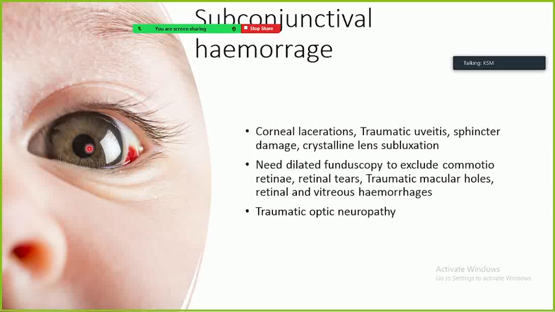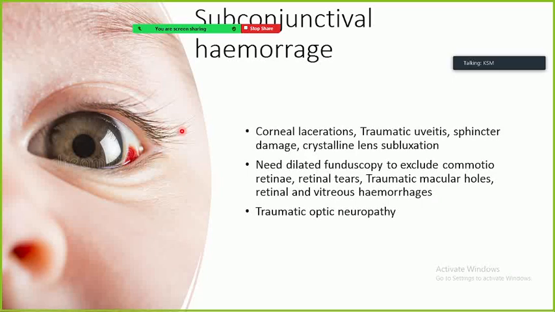And it's important to dilate the pupil and see the fundus, because there might be associated retinal tears, vitreous hemorrhage, traumatic retinal pathology, and of course blunt trauma without any other injury might look trivial, but might have a traumatic optic neuropathy.